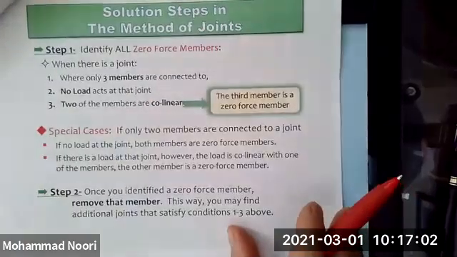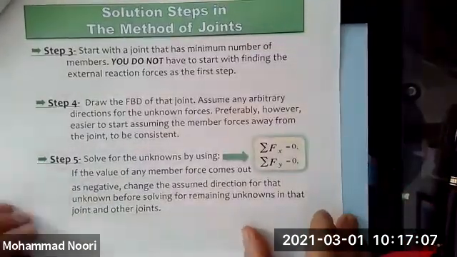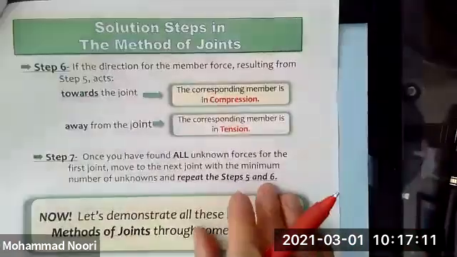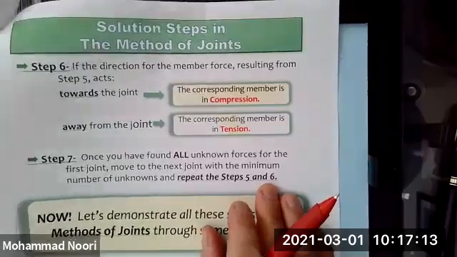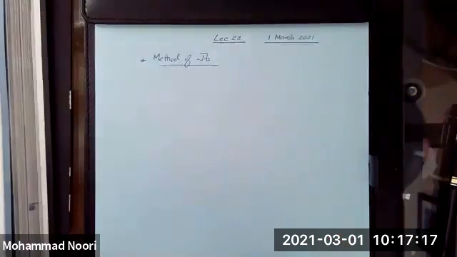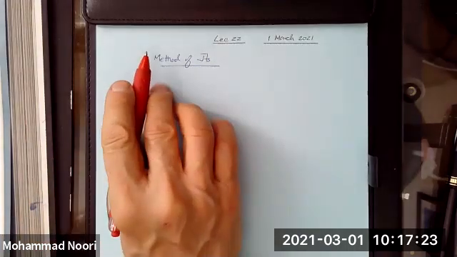I'm not going to go over that here, but that online course, if you'd like to take it, goes through all these steps and explains them, which is what we have done in class as well. In a nutshell, that's a summary of what we did with the method of joints.